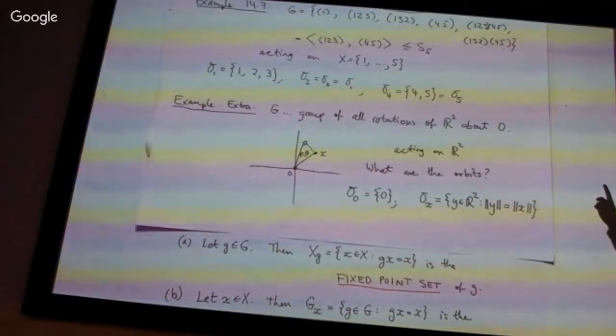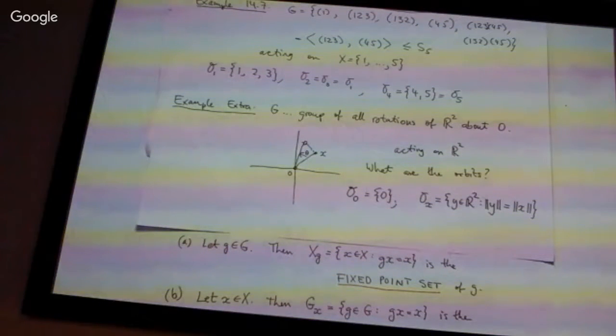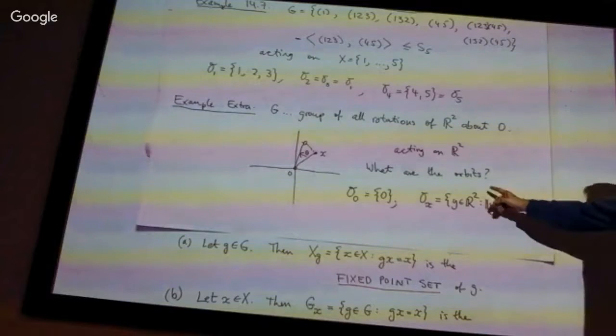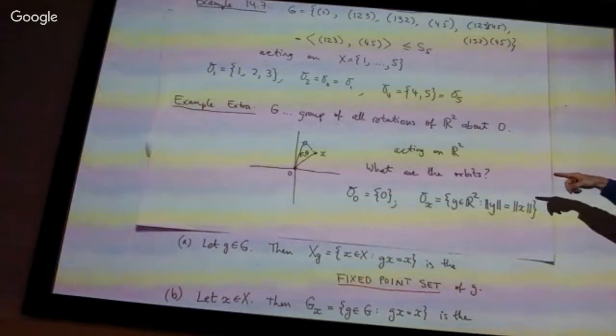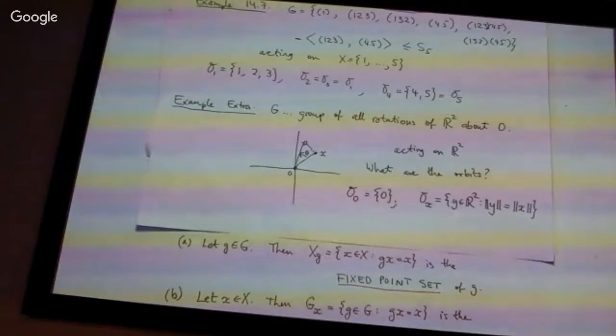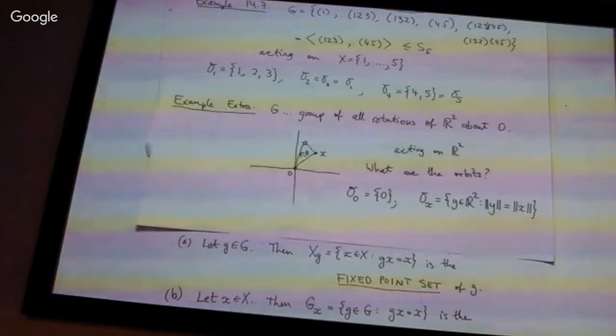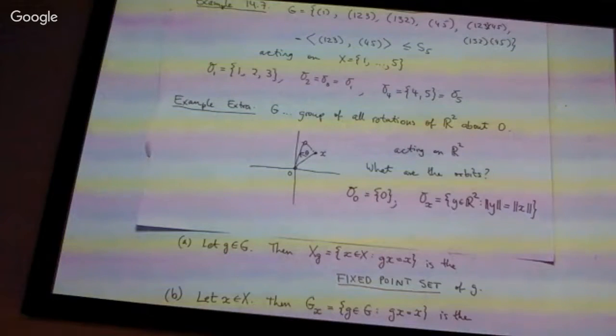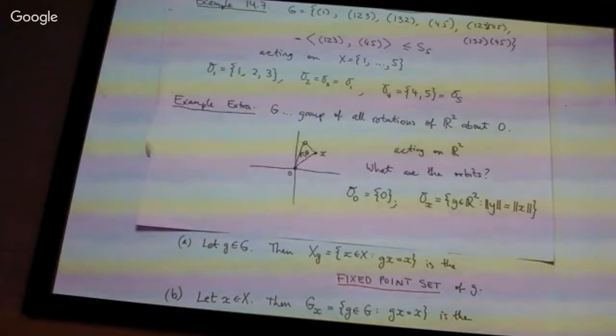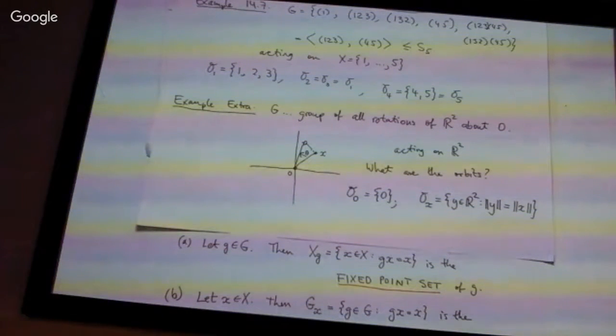You notice anything interesting? Okay. Now here, what's the stabilizer of 0, the origin? Everything.